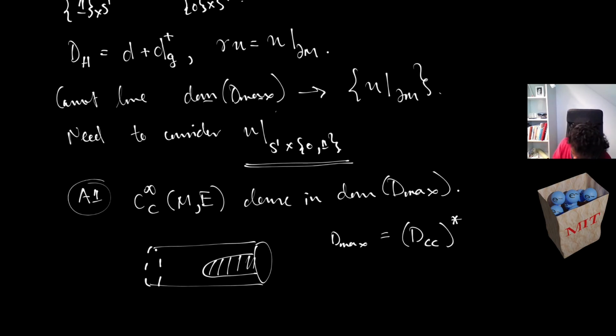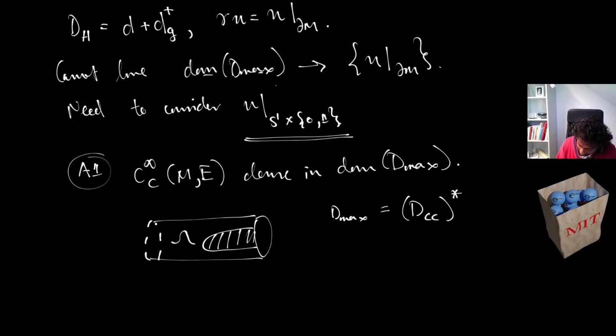So we're really looking at sections that can take a constant value here, because when we integrate, we're integrating against things that are only supported on the interior. So the fundamental condition is this density condition, and sometimes this is called the completeness of the operator. Okay, so we need the operator to be complete at infinity.